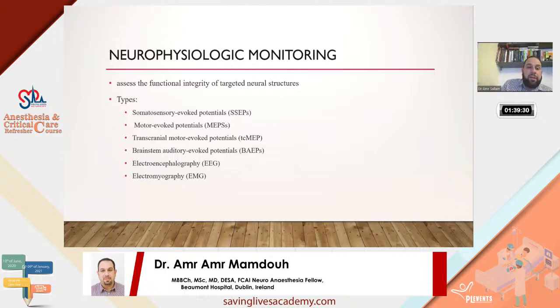For example, the somatosensory evoked potential will check the whole afferent neurons coming from the body to the brain and to the spinal cord, while the motor evoked potential is the opposite way, measuring the EMG as well. It's sometimes used to assess the junction between the neurons and the muscle, while the brainstem and the transcranial are not used frequently in spine surgery. They're used more in brain surgeries.